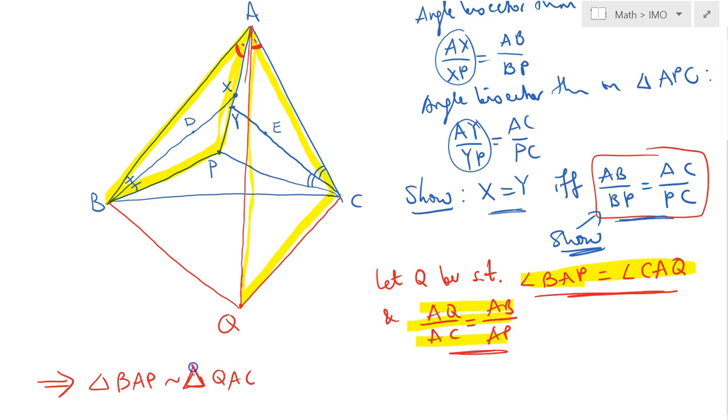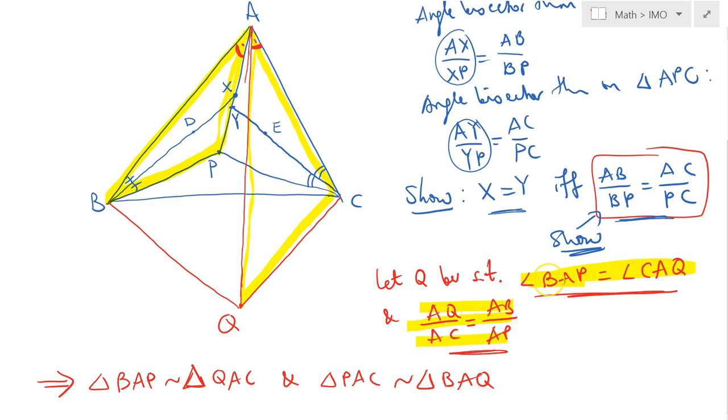But like in any spiral similarity situation, the spiral similarity comes with pairs of similar triangles, and it's not surprising to see that triangle PAC is also similar to triangle BAQ by the same reasoning.